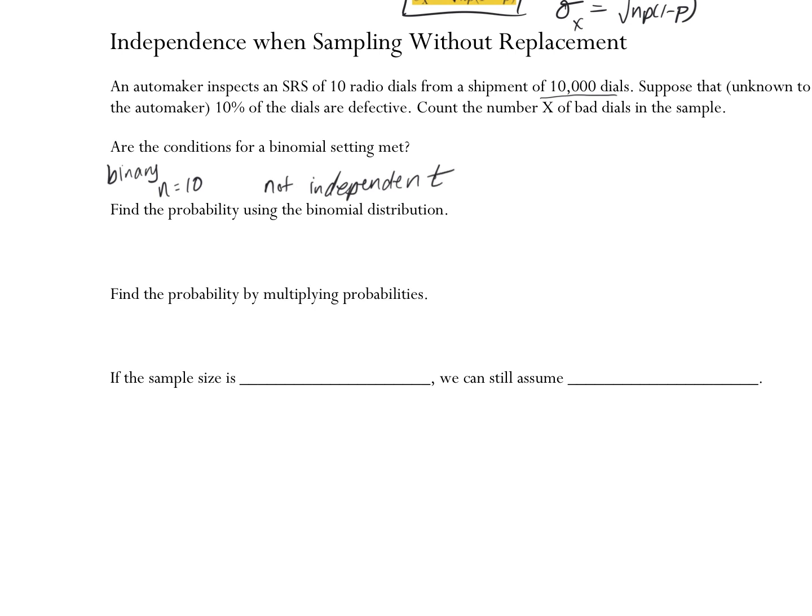Now, we're going to find the probability that none are defective. That would be if we set p equal to 0.9 and define success as not being defective. Are you guys with me?